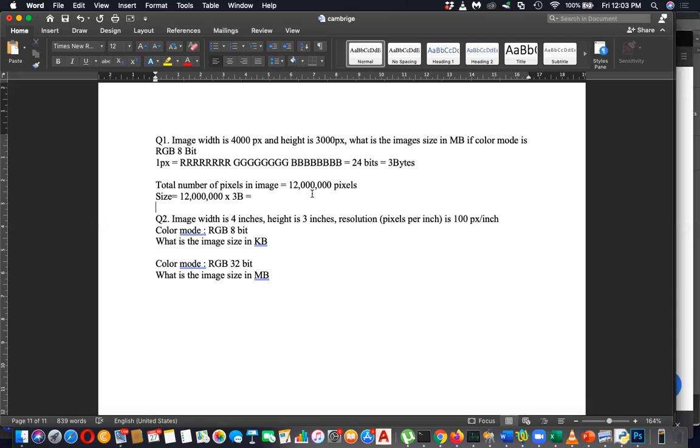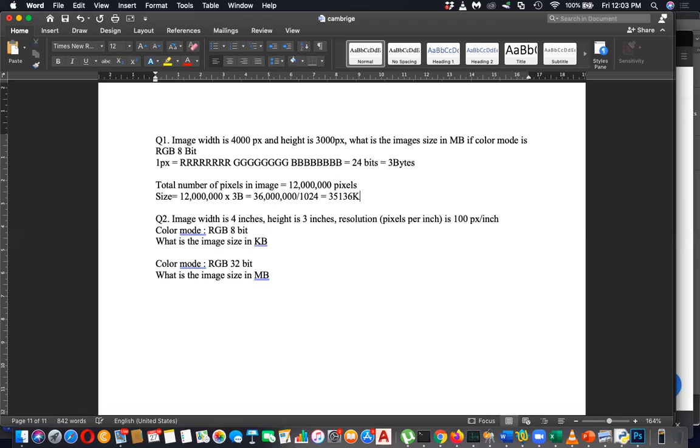So what is the value? The value is 36 million. And you can divide by 1024 to find how many kilobytes. 36 million divided by 1024 is 35,156.